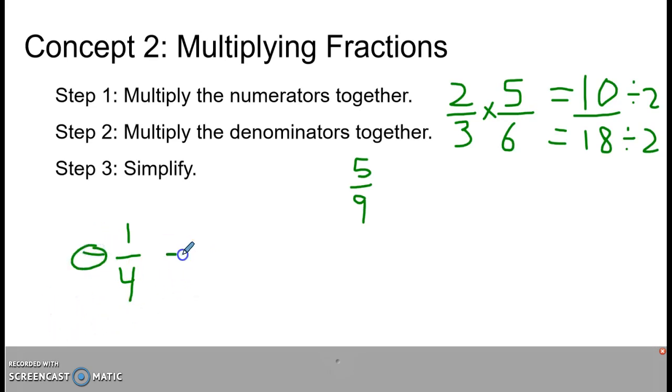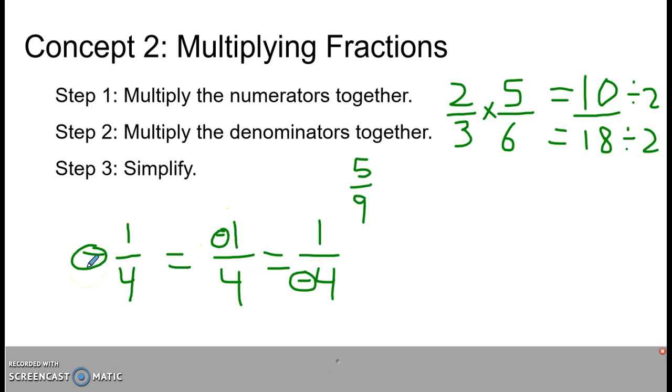You could also have, and this is the same as a negative 1/4, the negative sign up on the numerator. Or you could have a negative sign on the denominator. All three of these have the same value. Doesn't matter where the negative sign is. It could be on the denominator, could be on the numerator, or it could be out in front of the whole fraction.